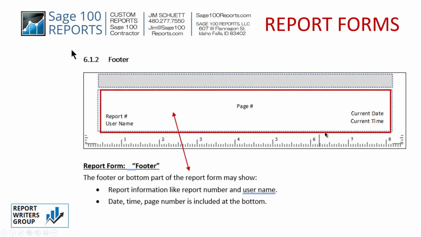In the footer, which we're seeing now, the information is things like report number, username, date, time, page number, and those are usually included at the bottom. Now, report forms vary widely as to what you see.